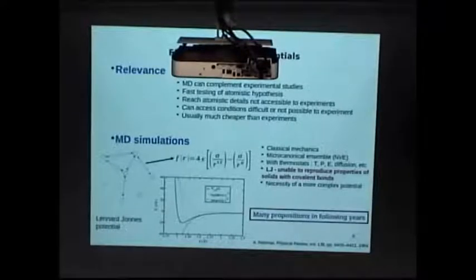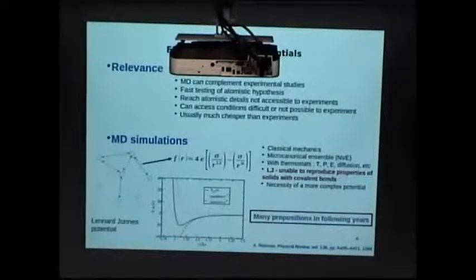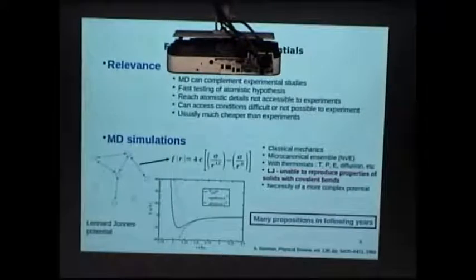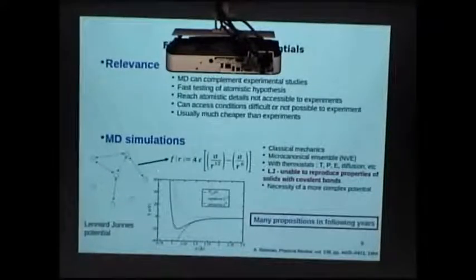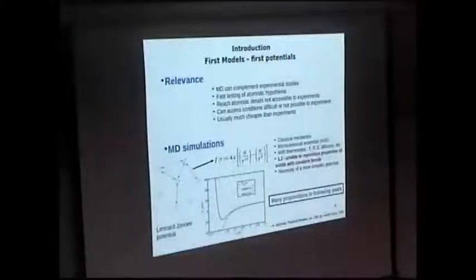Now we can start talking about the first experiences that people had with molecular dynamics simulations. It started actually in the late 1950s, when some people did computational molecular dynamics simulations, and typically they used the Lennard-Jones potential to describe gases or fluids.